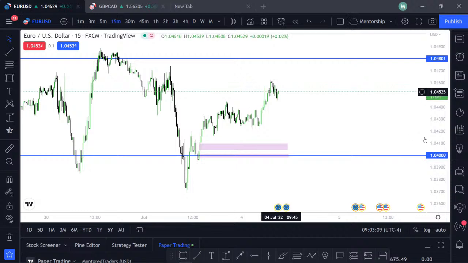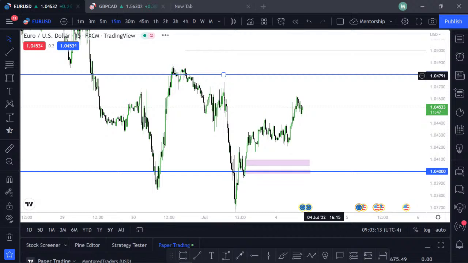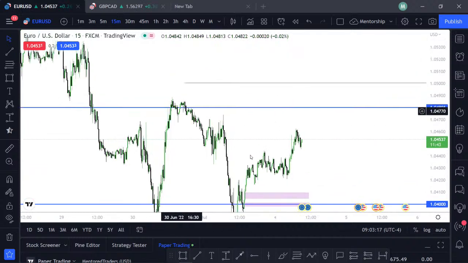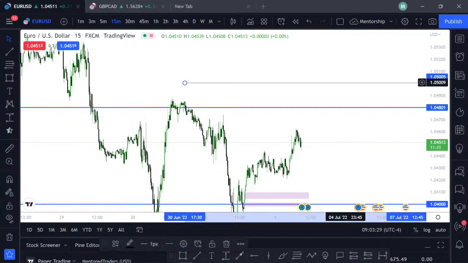But remember, we said we are looking at the institutional level, the 80, and above the 80 level we have these highs here. Then this other area of imbalance, which I wouldn't consider, but only be looking at the zero level. Why aren't you considering the imbalance?